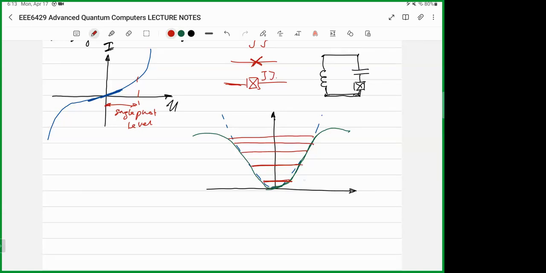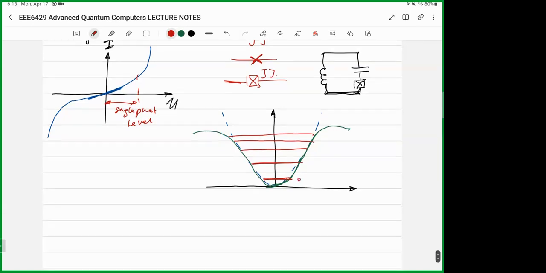So, for example, for states 0, 1, 2, the frequency of transition 0-1 is not equal to the frequency of transition 1-2, and does not equal the frequency of transition 2-3, etc.